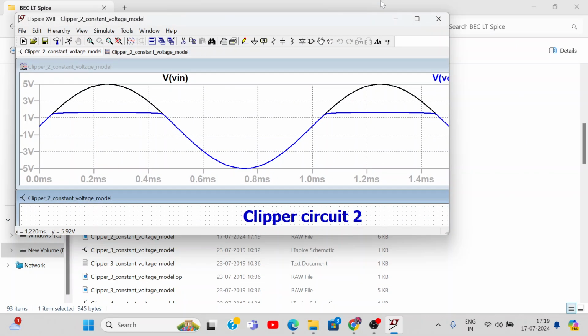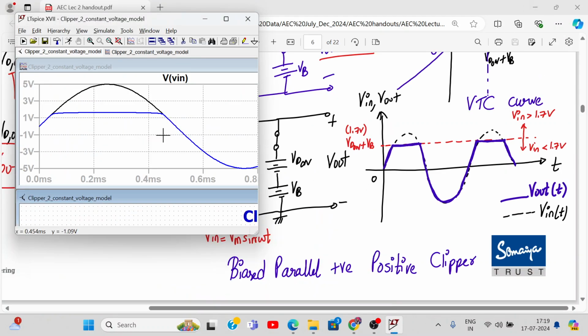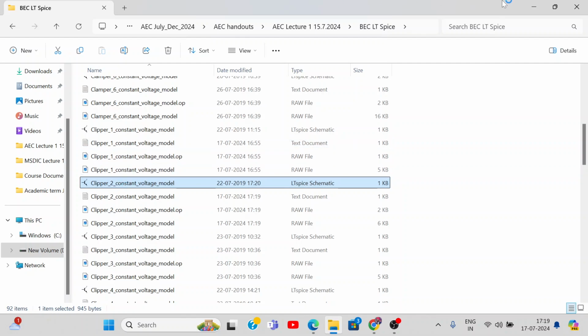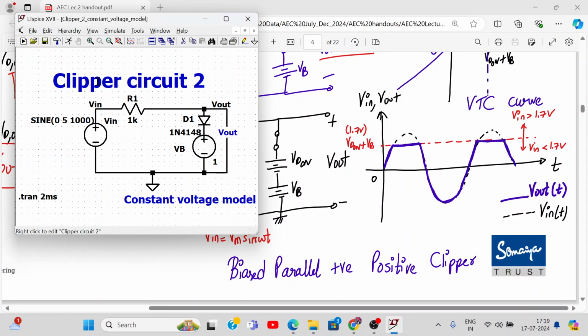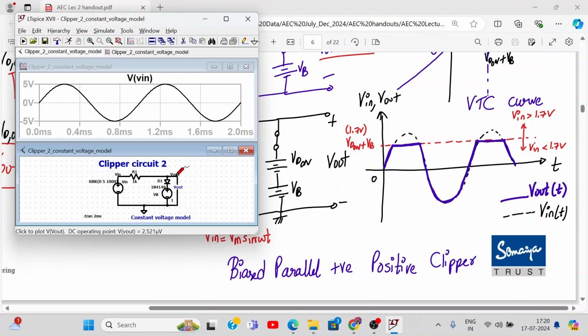See, same as what we have got over here, right? Okay, let me simulate this. I'll show you live. Here it is input and here it is output.